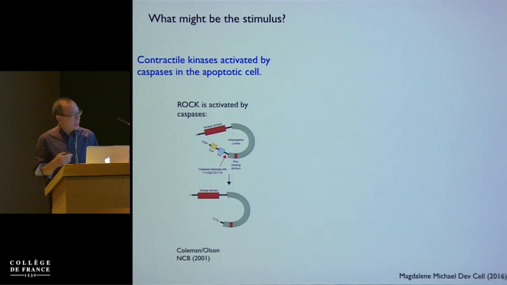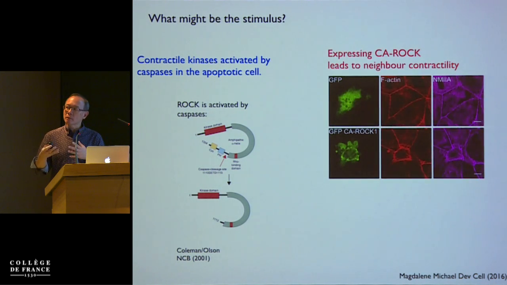We suspect this in part because, just at the turn of the century, Mike Olson's lab, as well as Michel Barnier, demonstrated that when cells undergo apoptosis, their procontractile kinases, like Rho kinase, are cleaved by caspases to make them constitutively active. So these cells become constitutively hypercontractile.